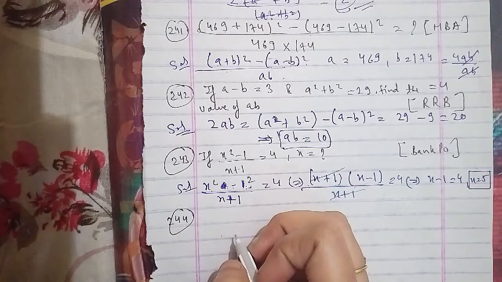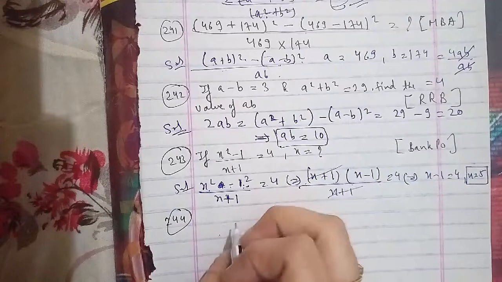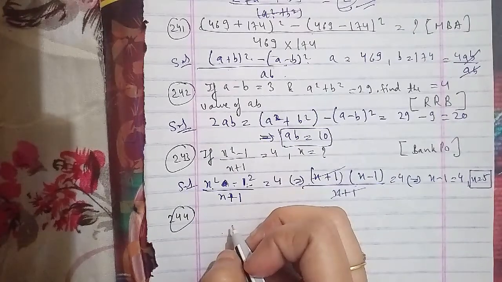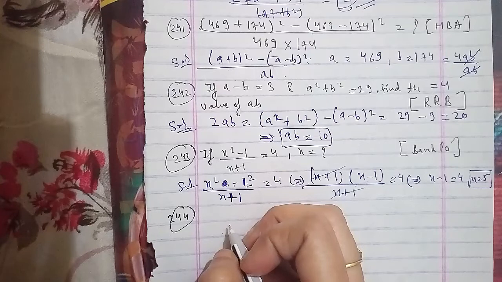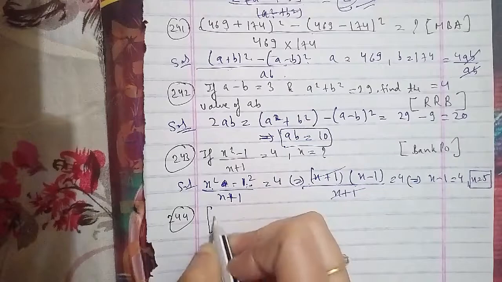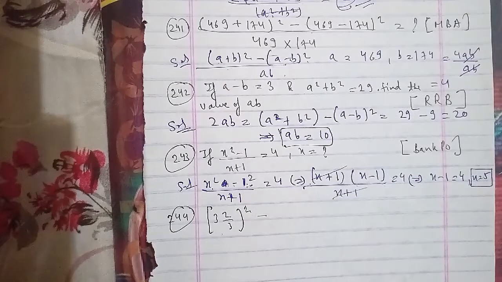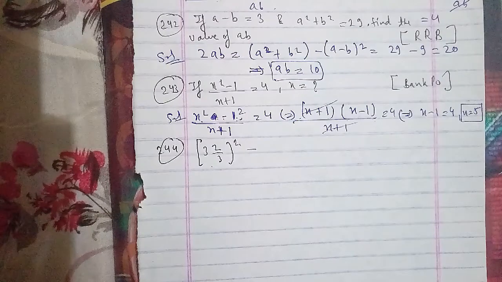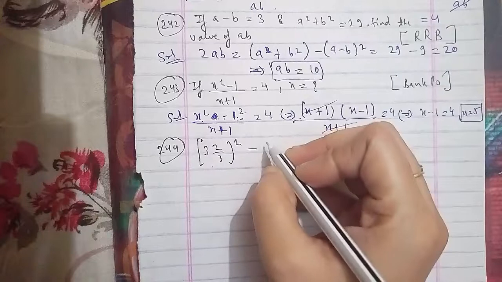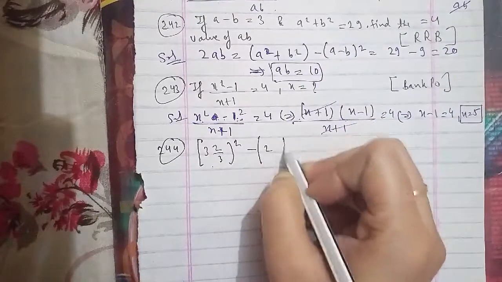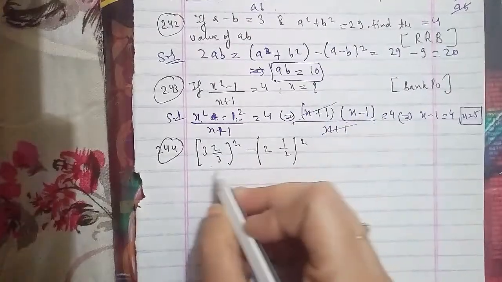(3 2/3)² minus (2 1/2)², whole upon (4 3/4)² minus (3 1/3)², divided by (3 2/3 minus 2 1/2) whole upon (4 3/4 minus 3 1/3), equals question mark.